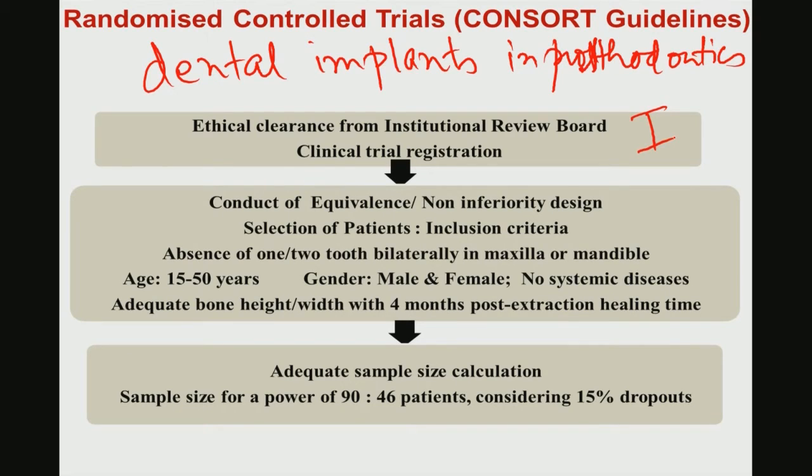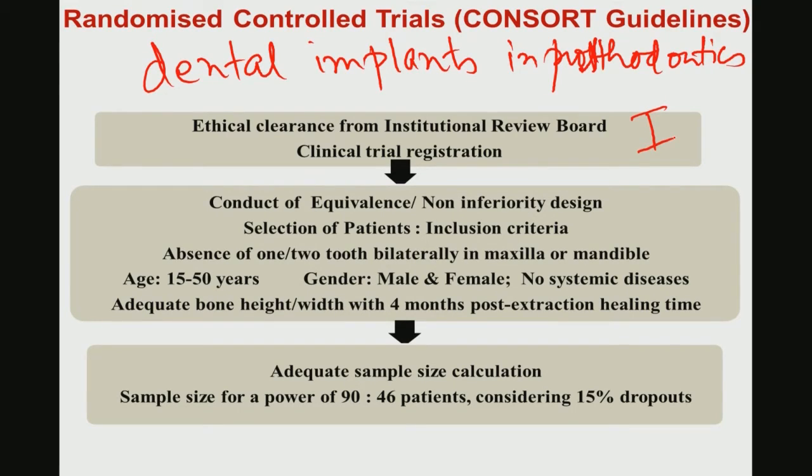The next one is the conduct of equivalence and non-inferiority design and selection of patients. So, their inclusion and exclusion criteria need to be clearly mentioned, like the patient's age group, whether male or female, and whether the patients should not have any systemic diseases. That needs to be defined.